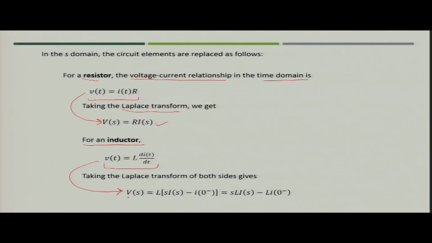V(t) becomes V(s). L remains the same, being a constant, but for di/dt we use time differentiation, so the Laplace transform of di/dt is s into I(s) minus I(0). So, the Laplace transform of the inductor voltage is s L I(s) minus L I at time t equal to 0. This is what we get in the S domain.